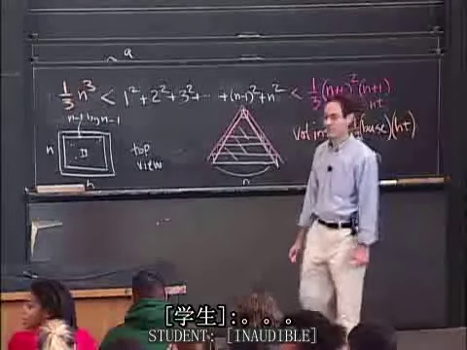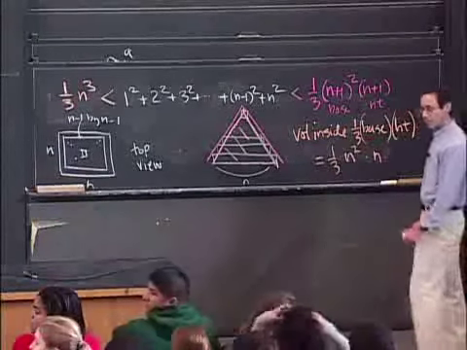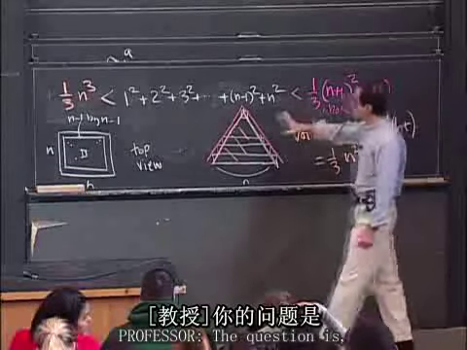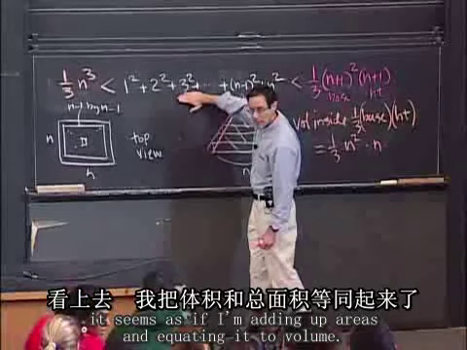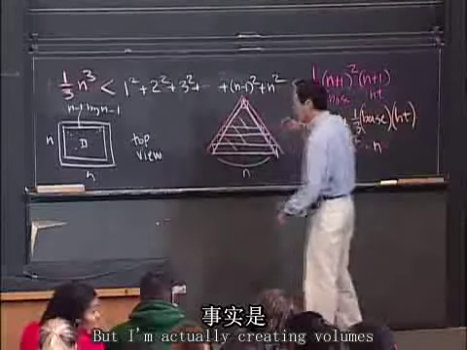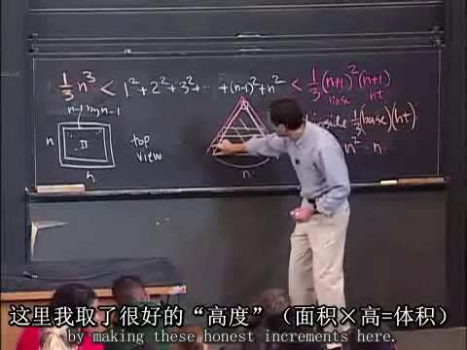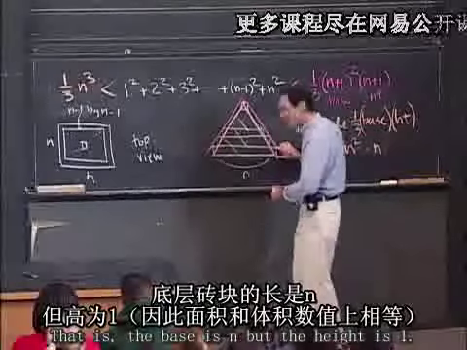Yes, question? You're adding up areas and then equating it to volume. The question is, it seems as if I'm adding up areas and equating it to volume, but I'm actually creating volumes by making these honest increments here. That is, the base is n, but the height is 1.